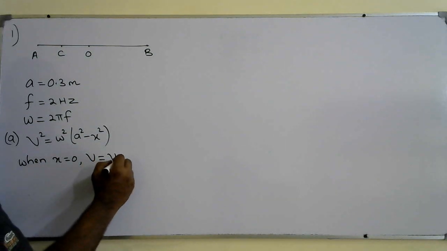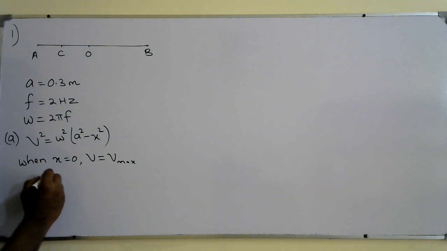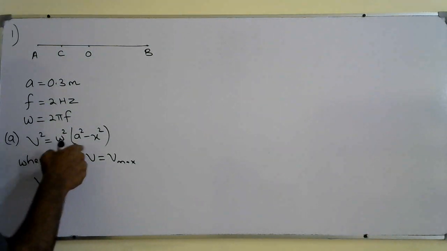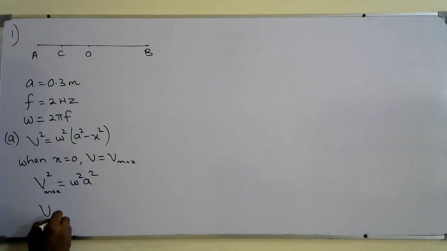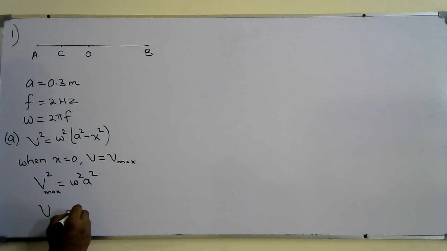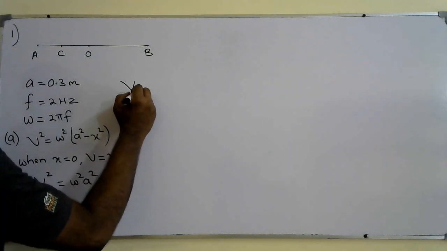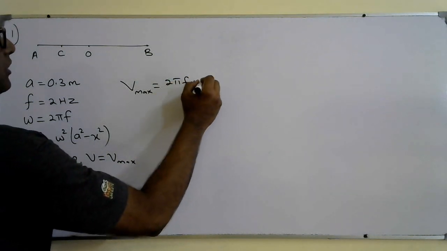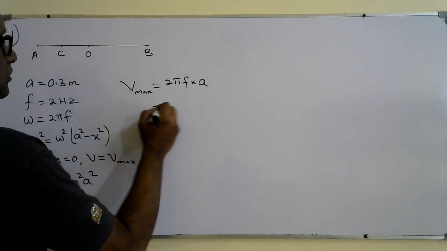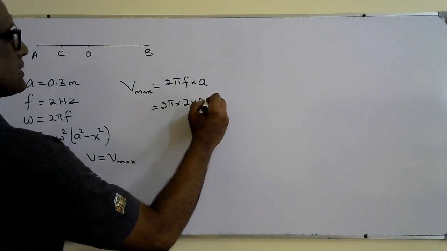v equals v max. So v max squared equals omega squared A squared, so v max equals A omega. We know omega equals 2 pi f, and A we found, so substitute. v max equals 2 pi times f times A, which is 2 pi times 2 times 0.3 meters.